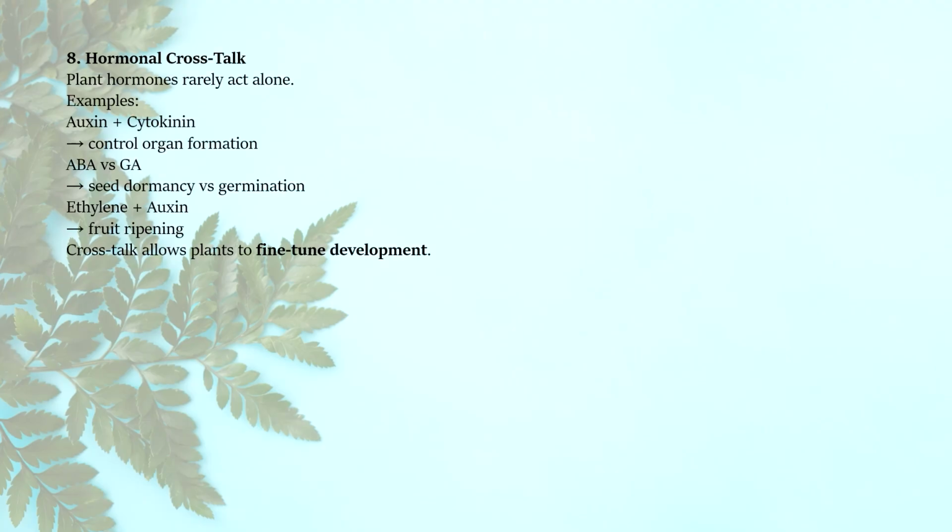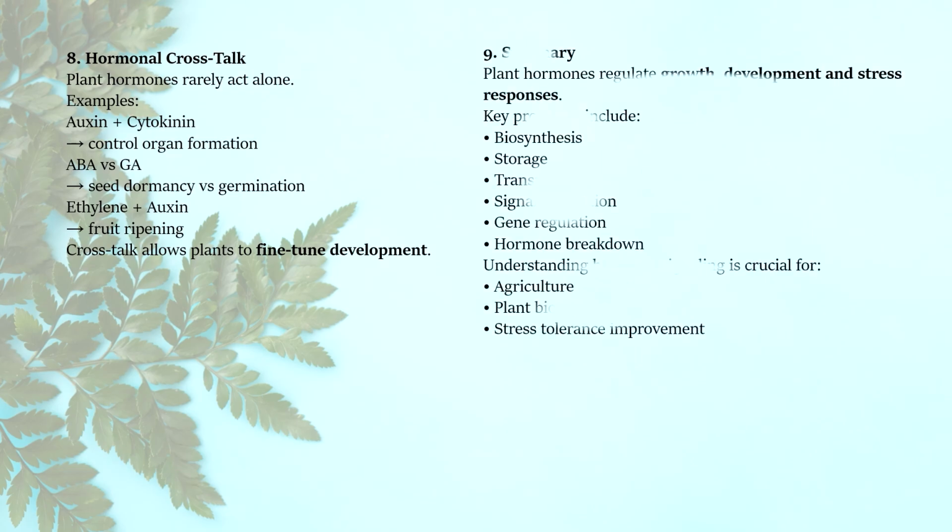Hormonal crosstalk. Which hormones combinedly work for one function? Plant hormones rarely act alone, so they combine regularly. Examples: Auxin plus cytokinin controls organ formation. Both are helpful. Auxin is helpful in cell elongation, cytokinin is helpful in cell division. So both are helpful in growth. Okay. Abscisic acid and gibberellic acid work oppositely.